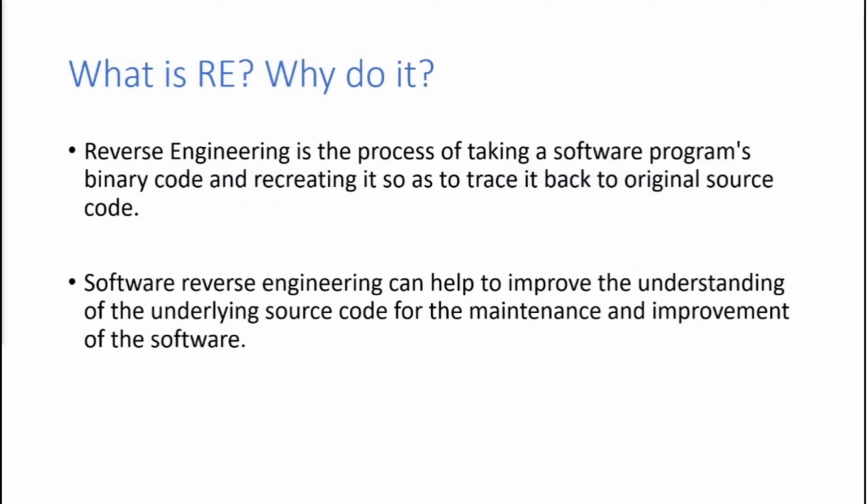Now, what is reverse engineering? Reverse engineering can be applied in different aspects of software as well as hardware development activities. In the context of software engineering, reverse engineering entails taking a software program's binary code and recreating it so as to trace it back to the original source code.